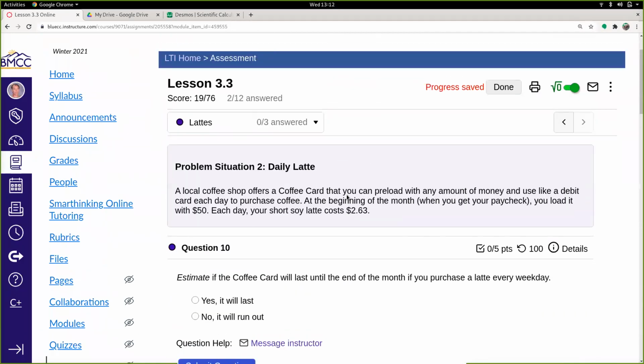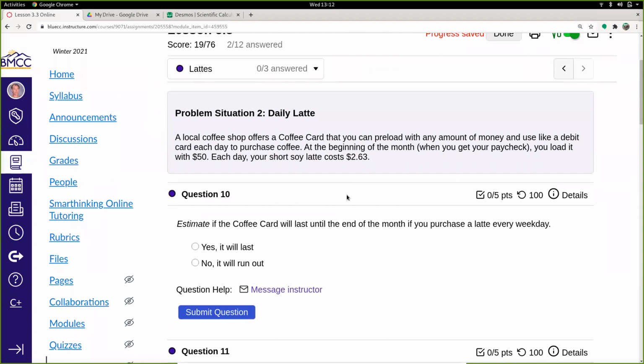So in this case here, we've got a local coffee shop. You can preload a card with money on it, kind of like a debit card, but just for coffee. And you want to have a card with 50 bucks on it. And the drink you like to get is $2.63. And you're going to get a drink each day. And then in problem 10, what we want to do is estimate, so that's kind of like a guess.